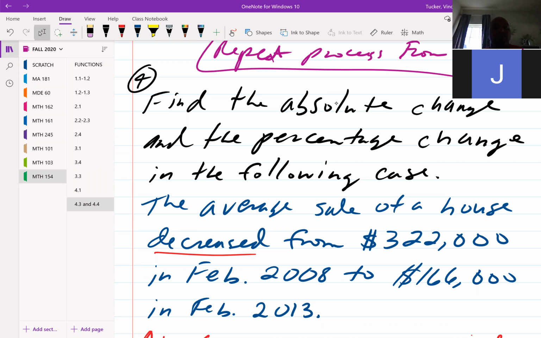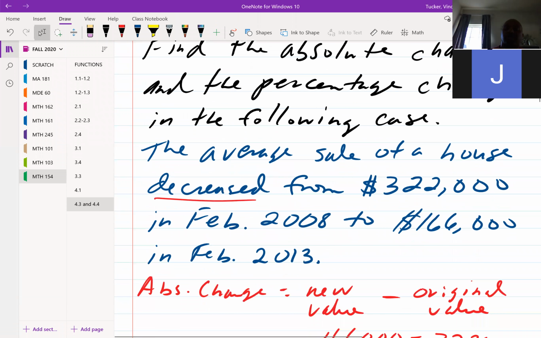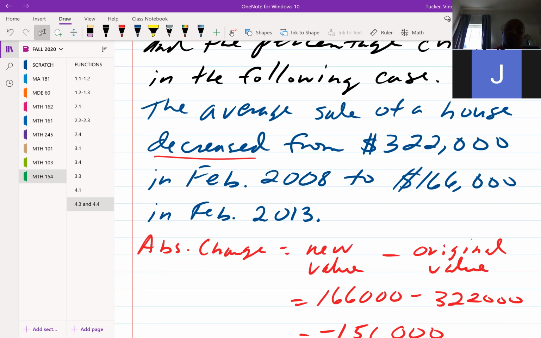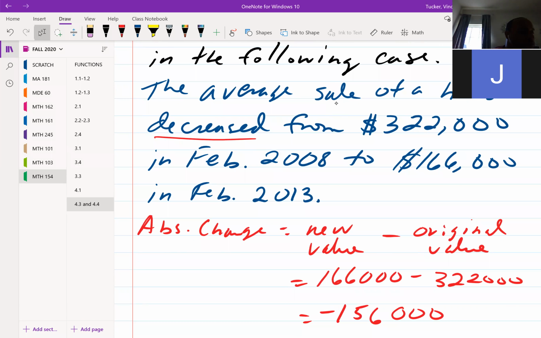So we want to find absolute change and percent change. Very similar to what we just did, the absolute change will be new minus your original. So the 166,000 minus your 322,000 will be negative 156,000.